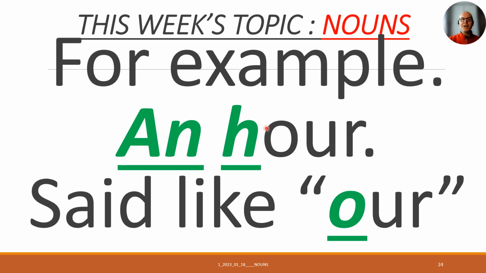Because when you're saying the word hour, you're not actually pronouncing the H. You're saying it hour. So the H, in fact, is silent. So you're actually saying it as if it starts with a vowel, so you must have your article as an. A hour would not be correct. It's an hour.